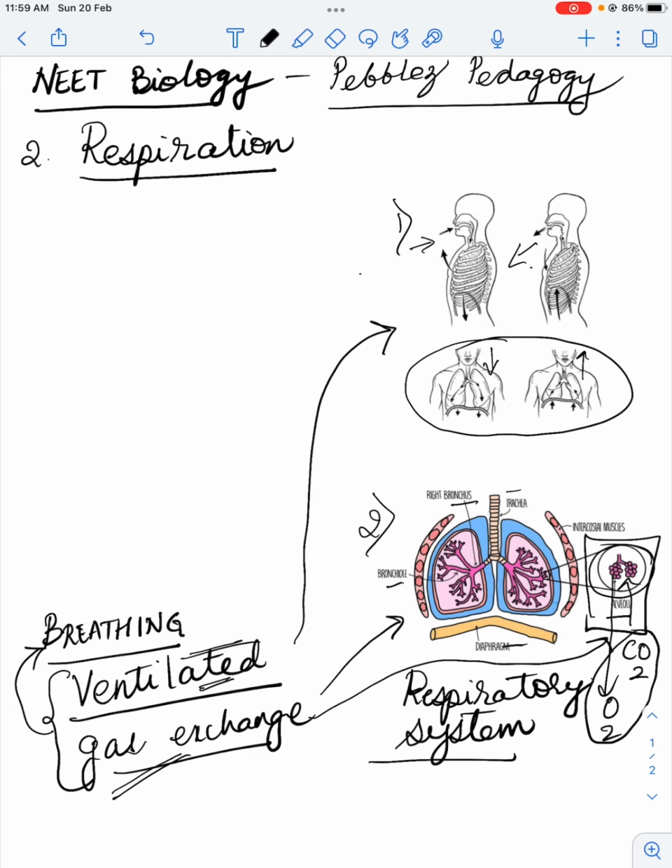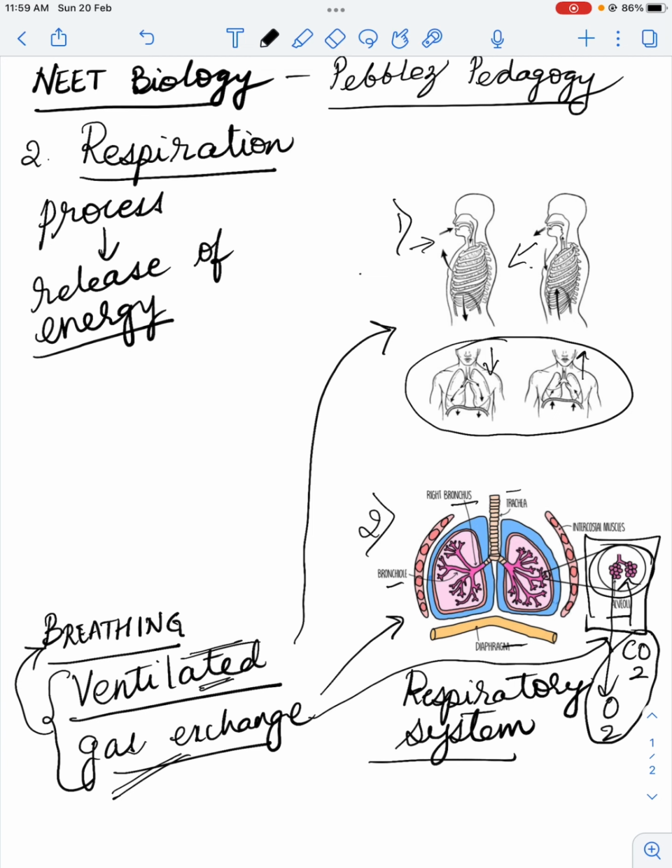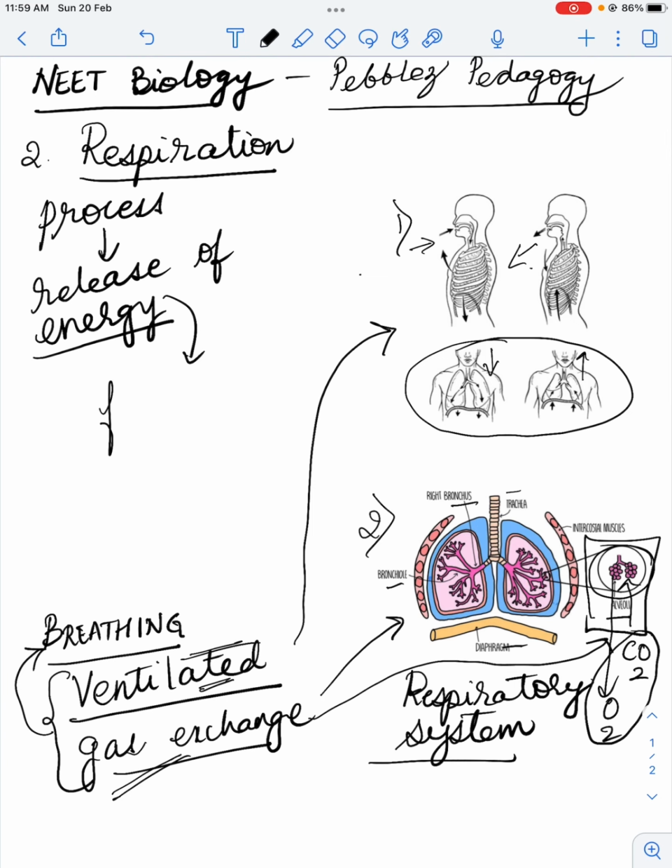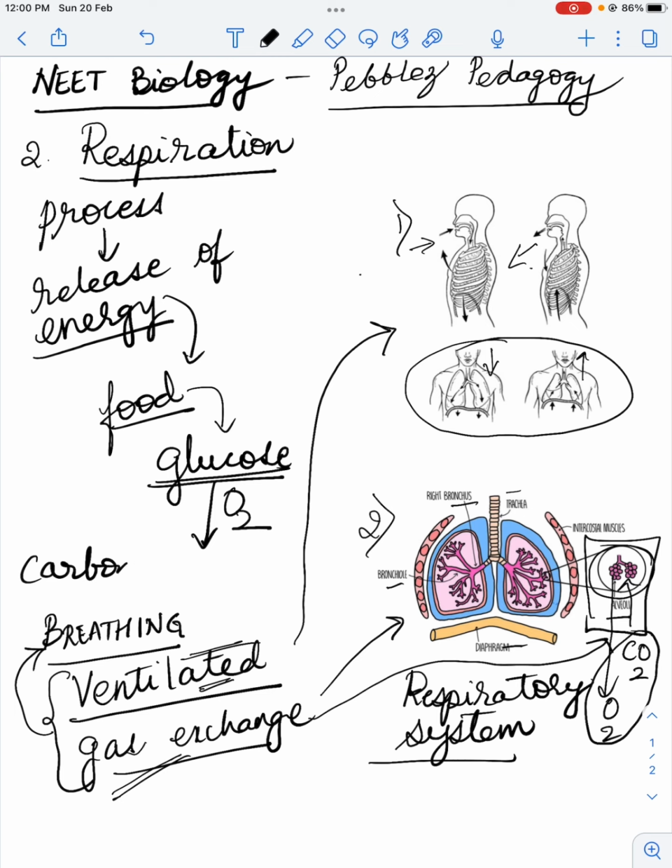Now let us move on to respiration. Respiration is a process which involves the release of energy. Where do we get this energy from? We get this energy from the food we eat. The food that we eat is broken down into smaller carbohydrates called glucose. This glucose, in the presence of oxygen, would give us carbon dioxide.